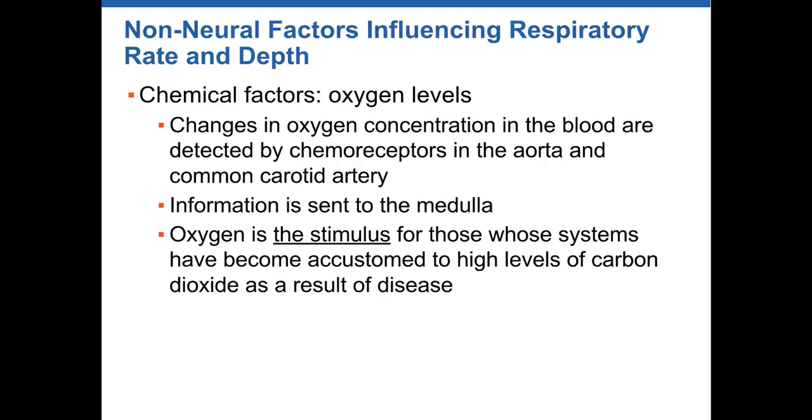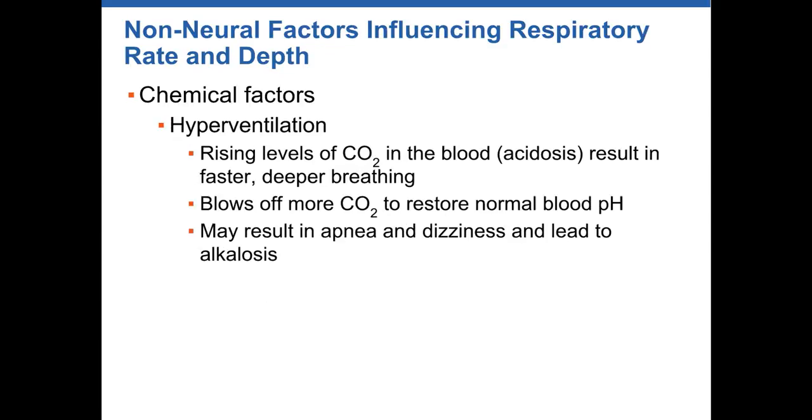The aortic arch can detect oxygen levels and is the secondary stimulus, but those people who have COPD, these respiratory disorders, oftentimes have to defer to that second stimulus because they're chronically acidic, because they just don't breathe well when they have emphysema or chronic bronchitis.